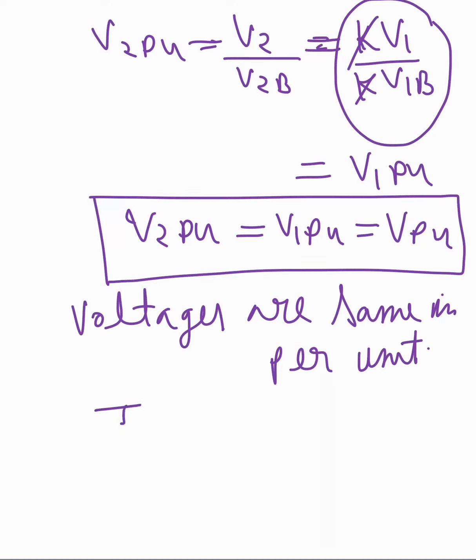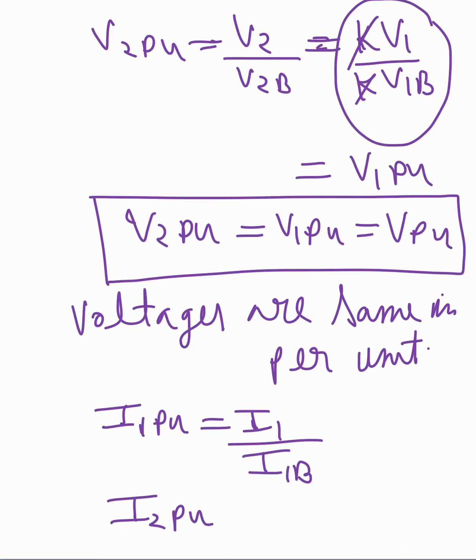Next, I1 per unit is equal to I1 actual value upon base value I1B. Similarly, I2 per unit is equal to I2 upon I2B.